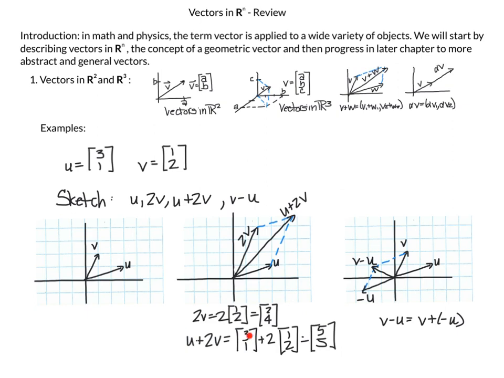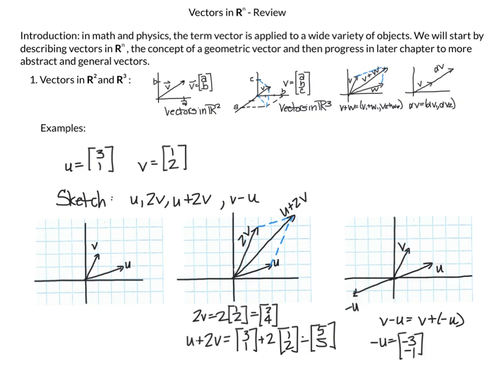I take 3 plus 2, which is 5, and then 1 plus 2 times 2, which is 1 plus 4, so 5. I can verify: 1, 2, 3, 4, 5, and this is 1, 2, 3, 4, 5. So this is approximately (5, 5). My parallelogram could have been drawn a little bit better, but here it is, (5, 5).